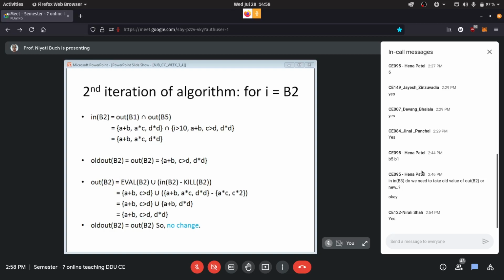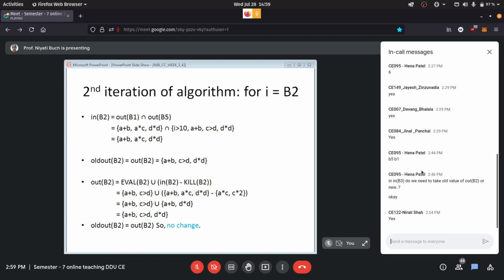But I have already done all these calculations. You will have to do it if an unknown flow graph is given to you, or you are given a code whose flow graph you have to make and then go further with this process. So you will have to check, and if you are able to conclude that the values are same, then there is no change.